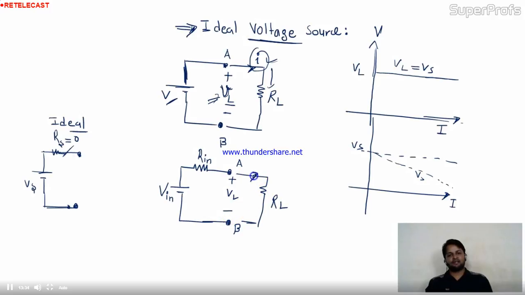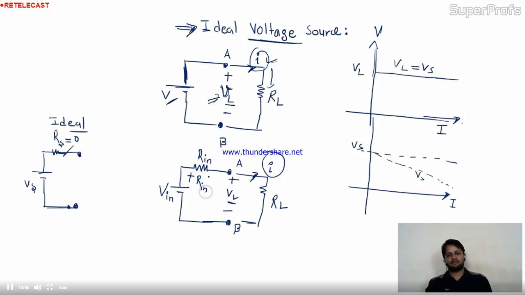Now if you will take the current IL, whatever current you are taking, what will be the effect of that current over the VL? Can I identify this VL? Yes, I can easily find this by applying KVL. Since I is flowing in the circuit, a voltage drop will be here.